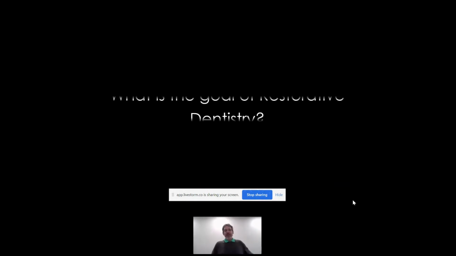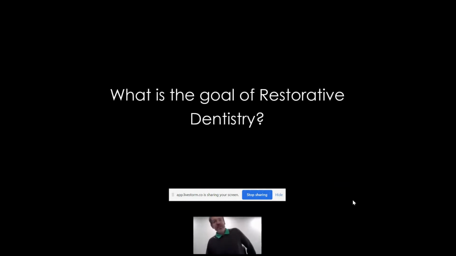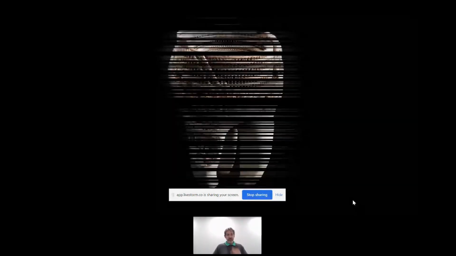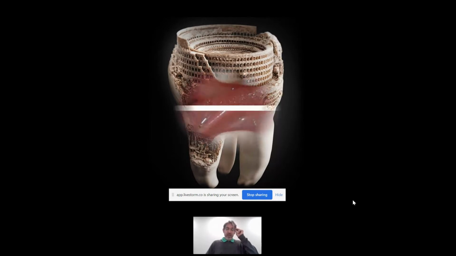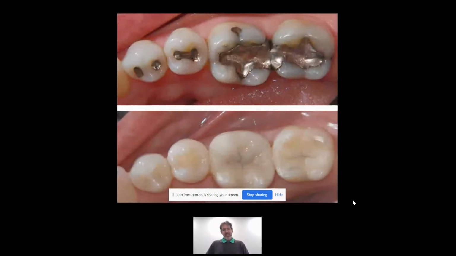All righty. So, as I said, what is the goal of restorative dentistry? The goal of restorative dentistry is to restore form and function. We know that dentistry today is a lot more conservative, and we know the more we cut on teeth, the more we weaken teeth. The more times we cut on the tooth, the sooner we kill the tooth. But it's not only about restoring form and function, it's also about maintaining aesthetics.